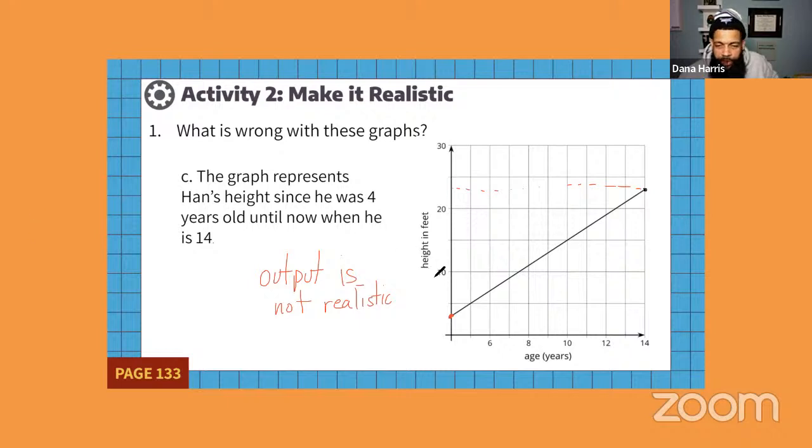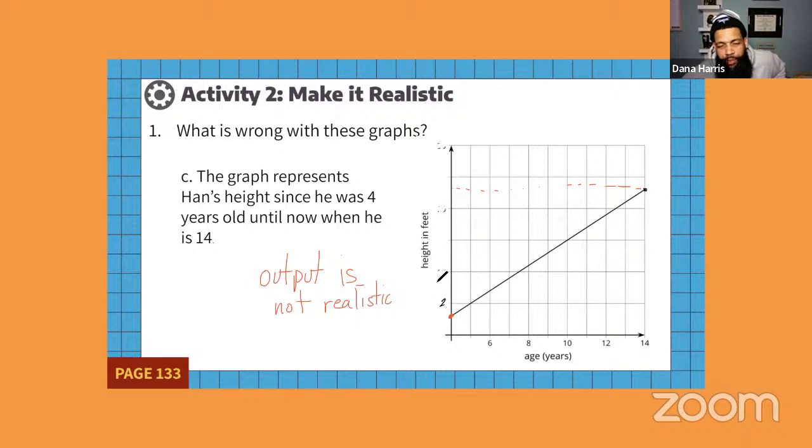Okay, so let's change this 10, the 20, and the 30. And let's say we're going to change these, and at 4 years old, let's say this.